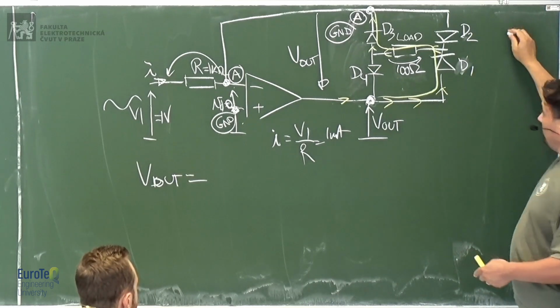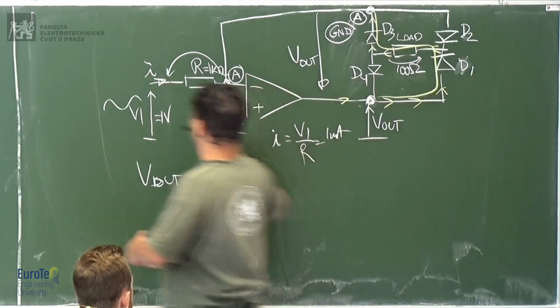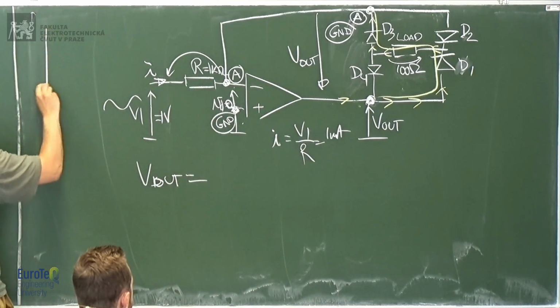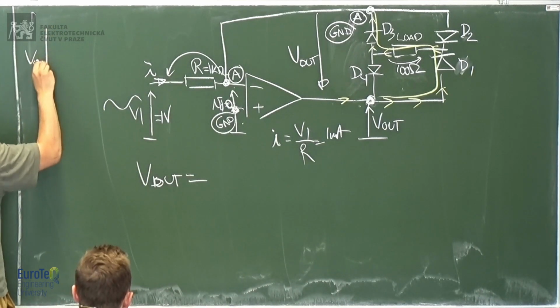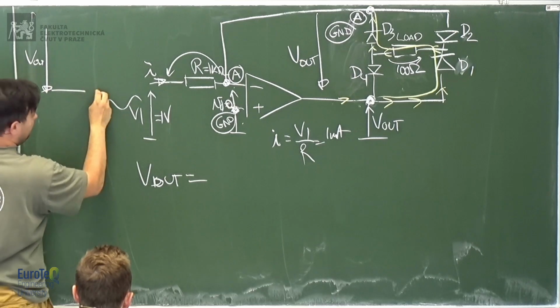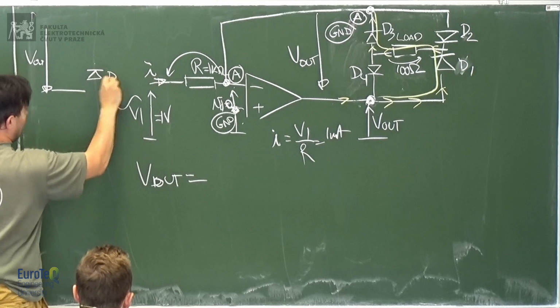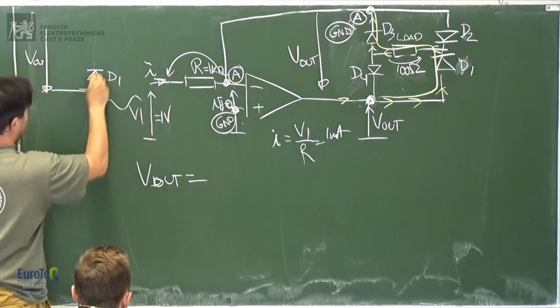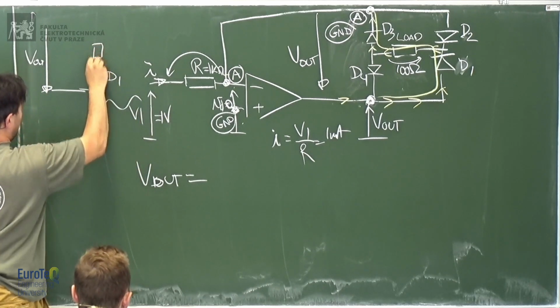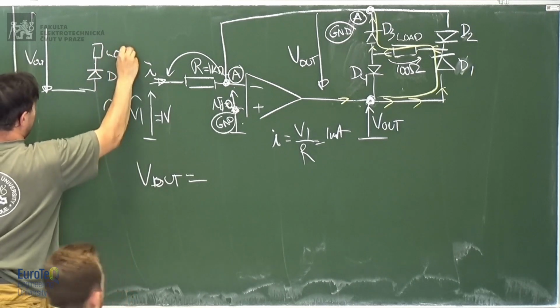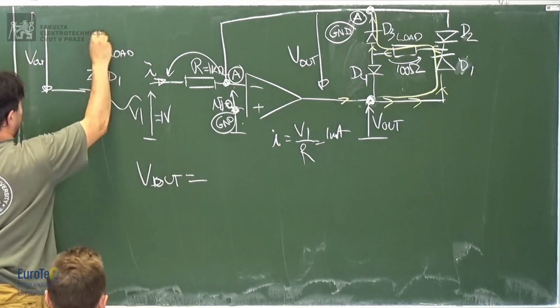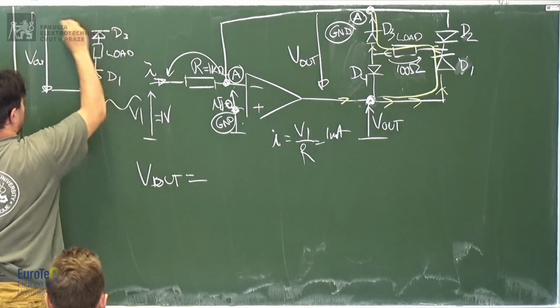So basically V out is applied to diode 1, the load, and diode 3.